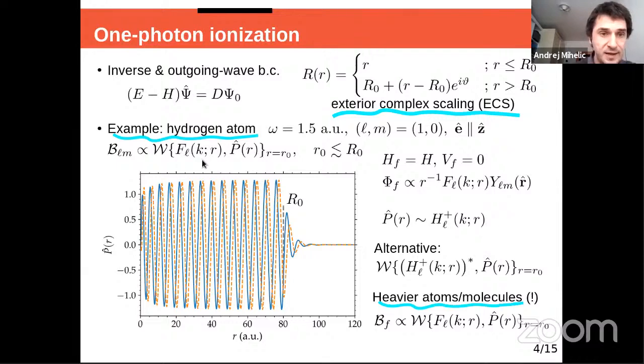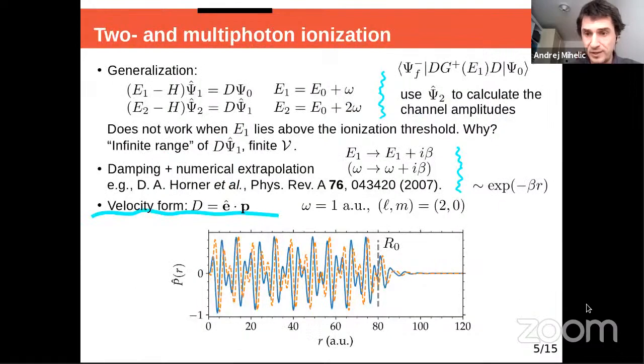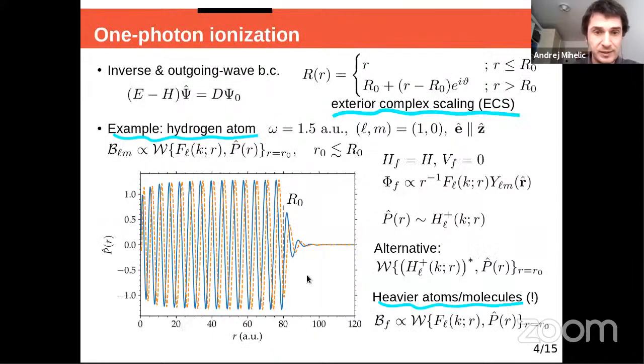So this actually holds for the hydrogen atom, but it turns out that the same kind of approach can also be used for heavier atoms or molecules, provided that the point at which we extract the amplitude lies far away from the origin.